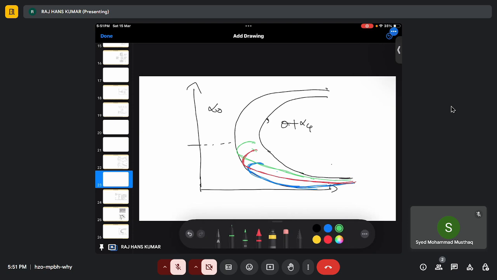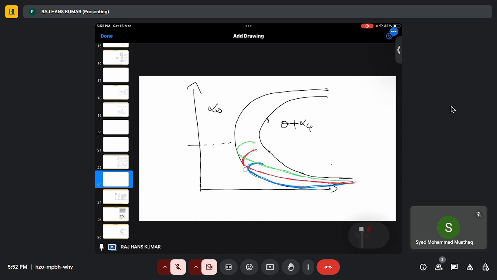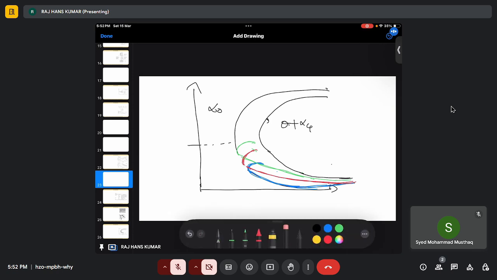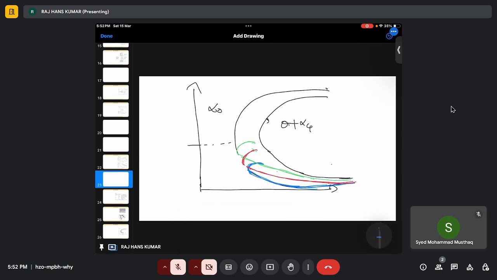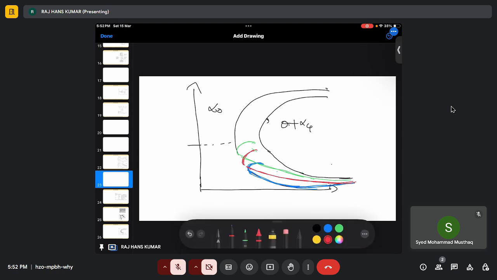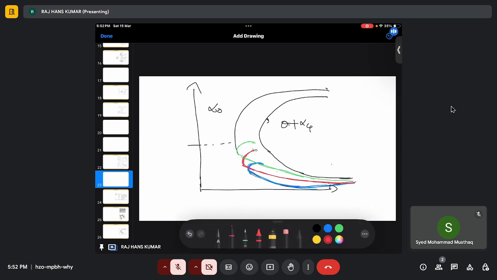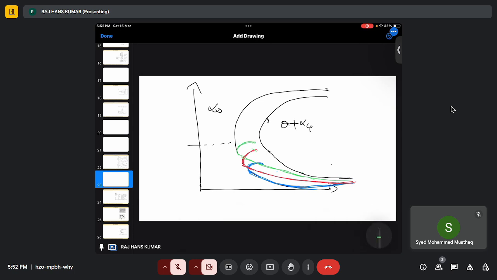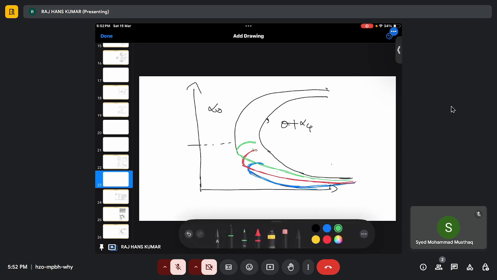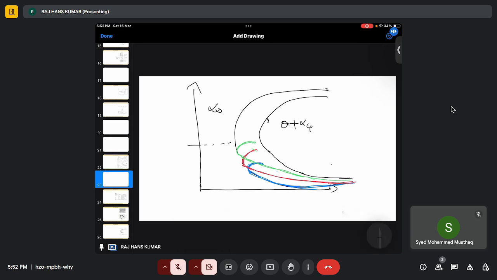So let me erase this. This is how it actually looks. Then I have green one. So this is my log T.